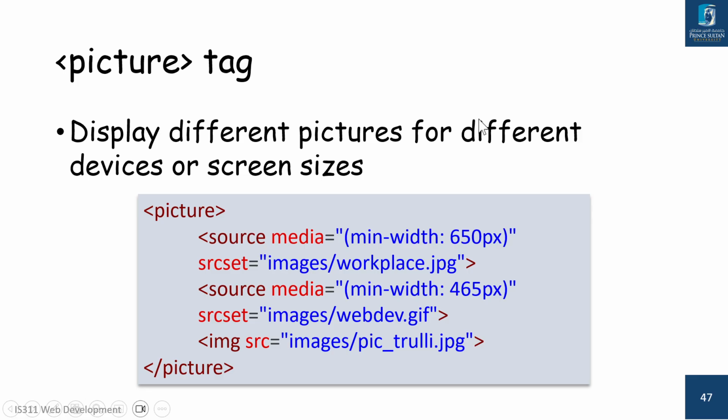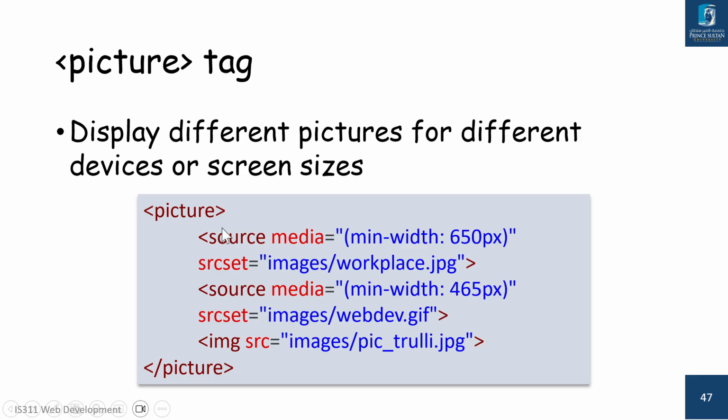But we, as programmers, nowadays it is better that you start with the mobile device, how your website will look like in the mobile device, and then you see how it will look like in the tablet, then how it will look like on a complete screen, or the laptop screen, or the desktop screen. So we are starting from the mobile, then tablet, and then desktop. So we are increasing the size.